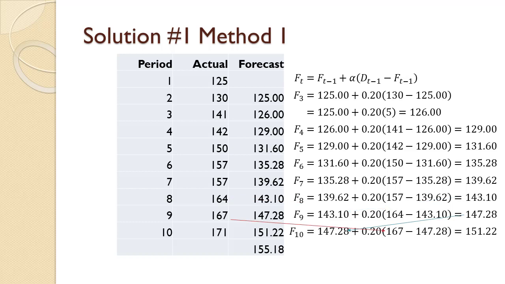For period 10, F10 equals 147.28 plus 0.20 times the difference between 164 and 147.28. That works out to 151.22. Finally, for period 11, F11 equals 151.22 plus 0.20 times the difference between 171 and 151.22. That works out to 155.18.